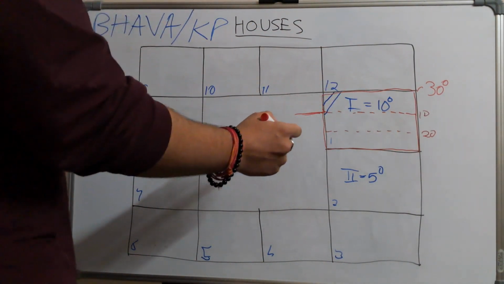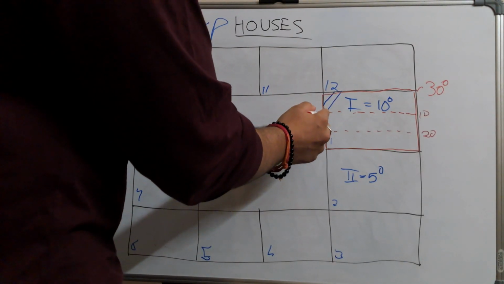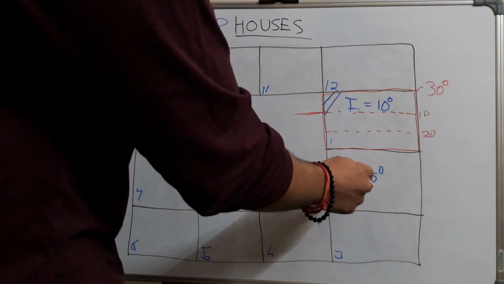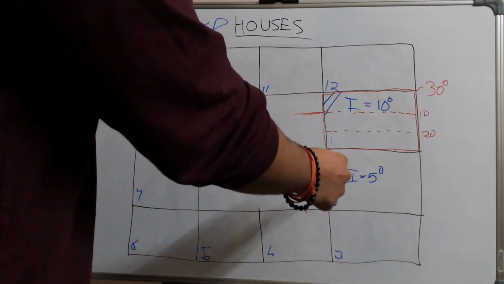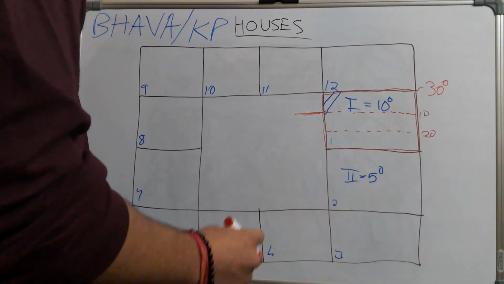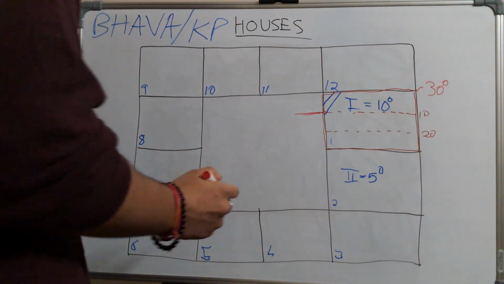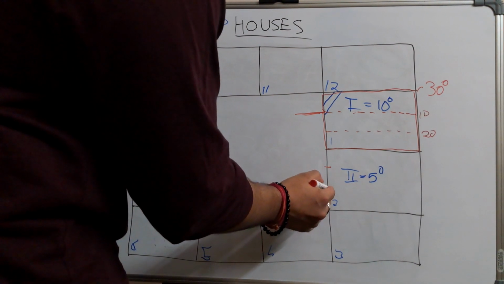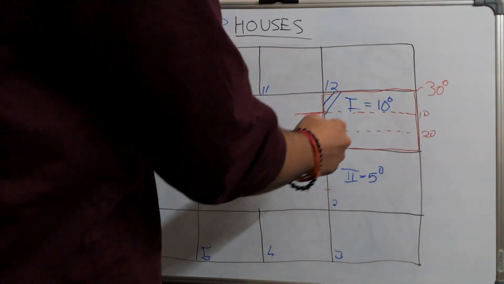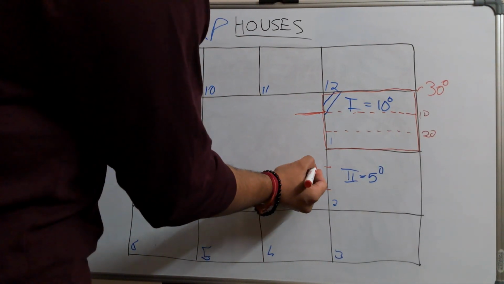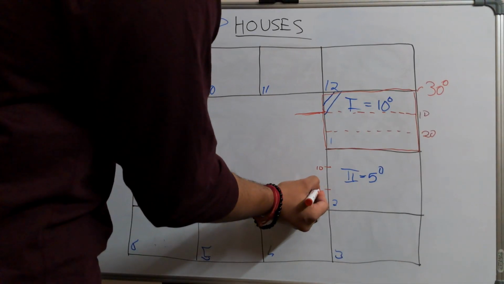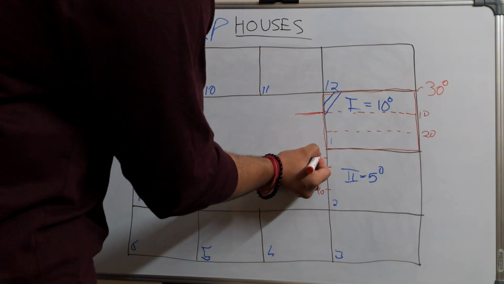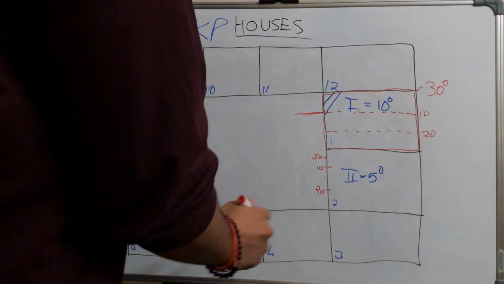Now the first house is starting from here, 10, 20, and the second house is starting at 5 degree. Now to understand that, let's split this sign into three parts. That is, this is 10, this is 20, and this is 5 degree.